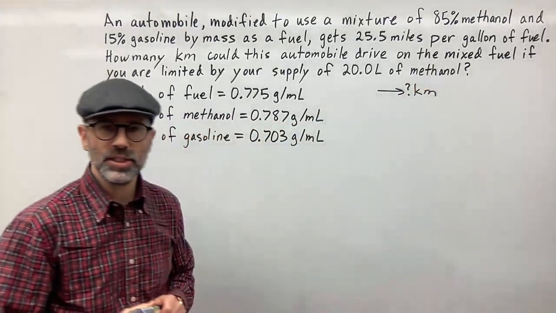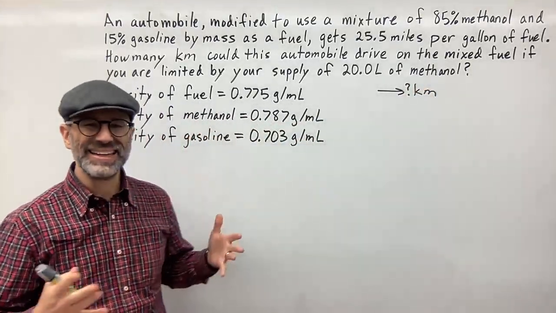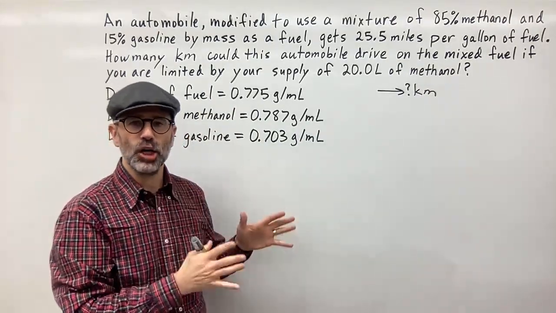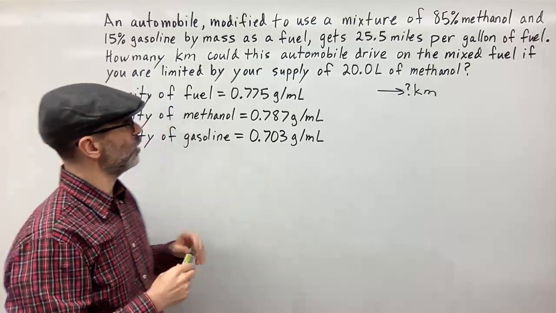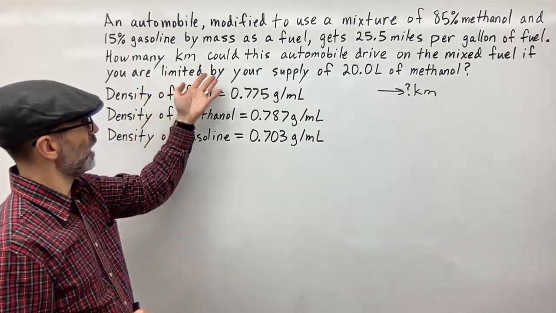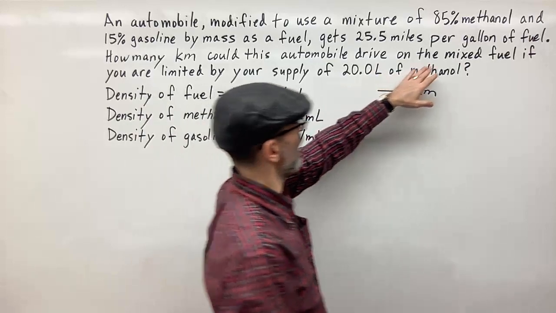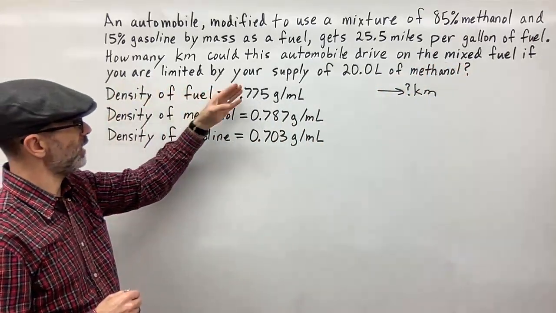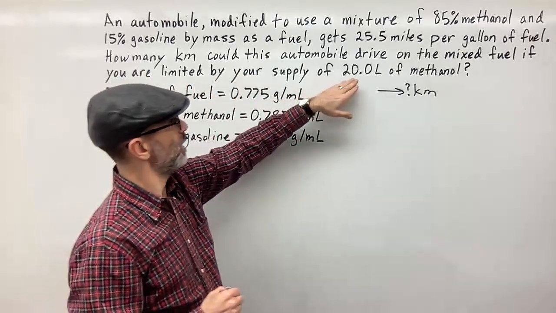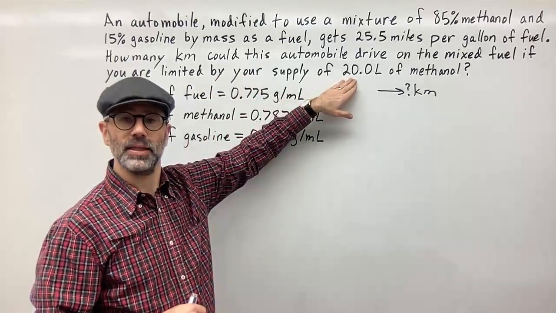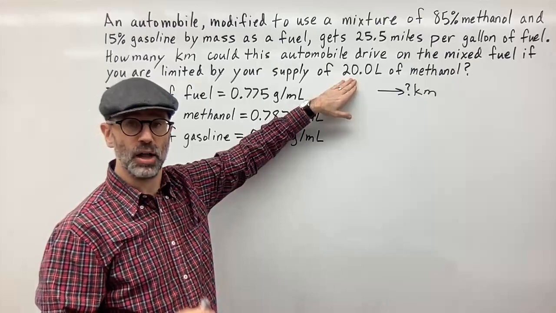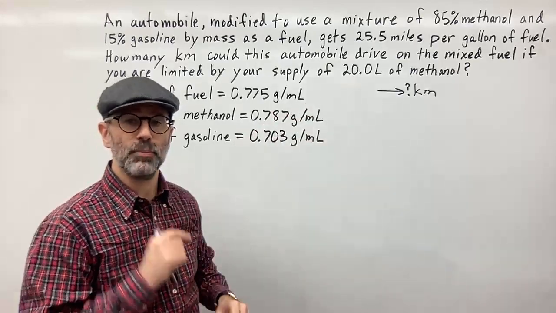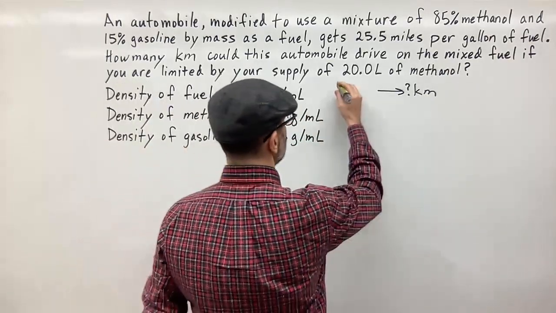But where are we going to start? 99% of the time the start is also going to be in the question. If we continue reading, you are limited by your supply of 20.0 liters of methanol. So this is what we're going to start with.